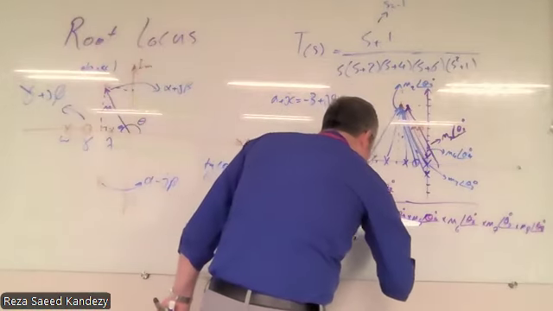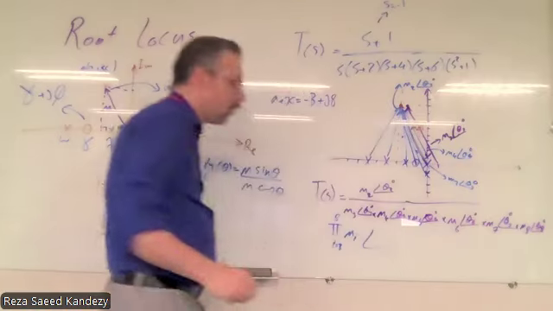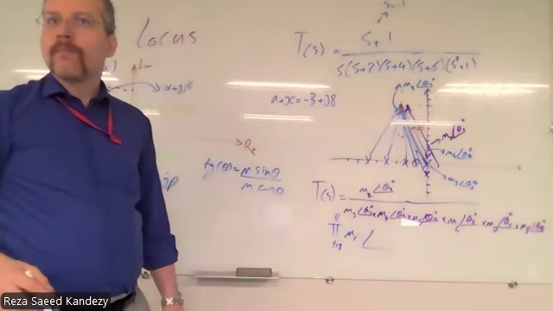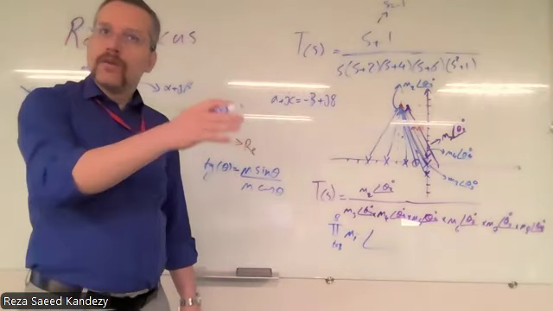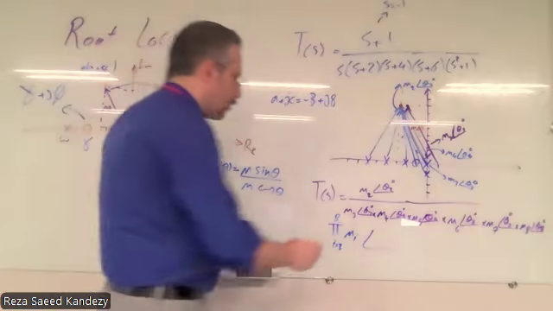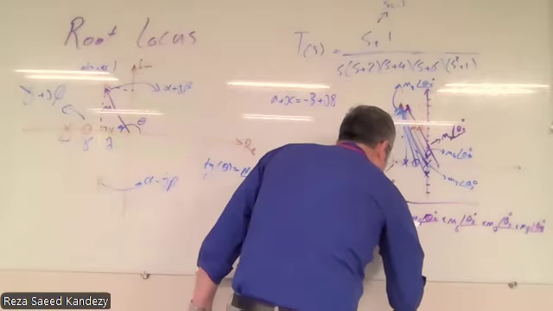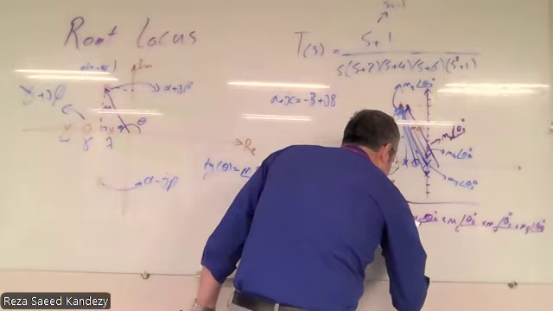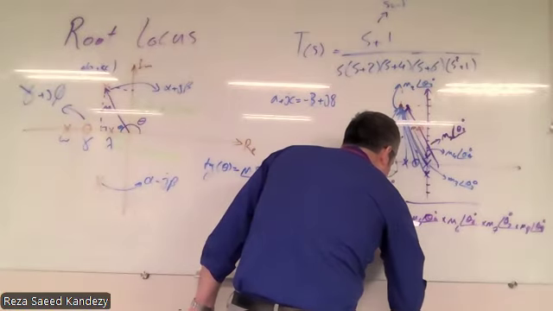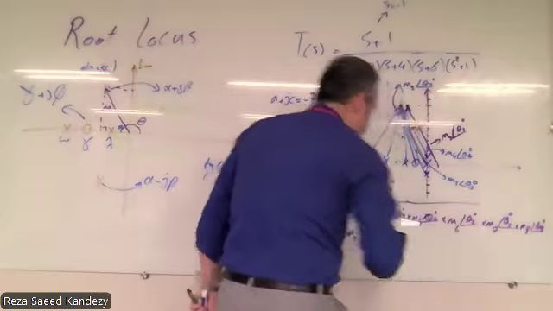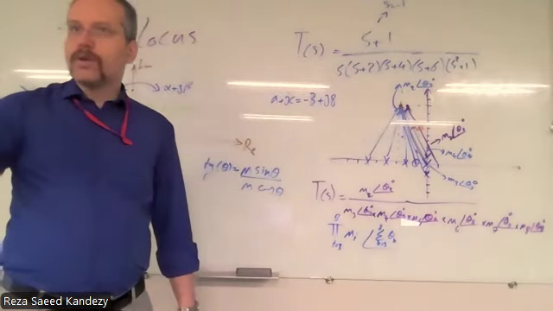What about the phase? When we have a multiplication of the phase, what would happen there? You add them together. So now it becomes the summation of those thetas from 3 to 8. Are we good?